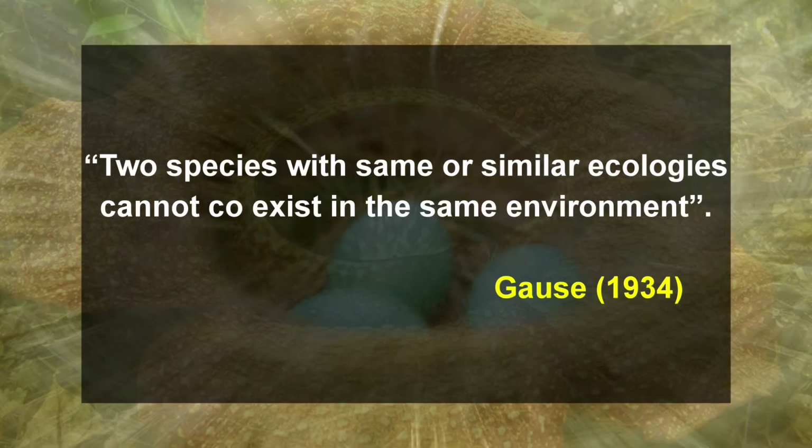The mathematical examination of the phenomenon of competition by Lotka-Volterra led to the idea that 2 species with the same or similar ecologies cannot coexist in the same environment. This was formulated by Gause in 1934, known as the competitive exclusion principle, also known as Gause's competitive law or 4C law, which implies completely competing species cannot coexist.